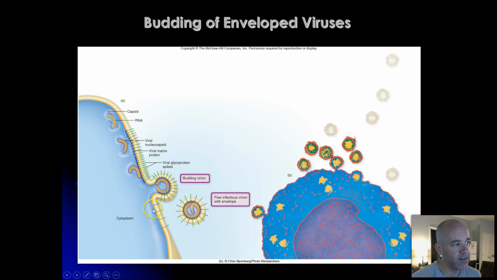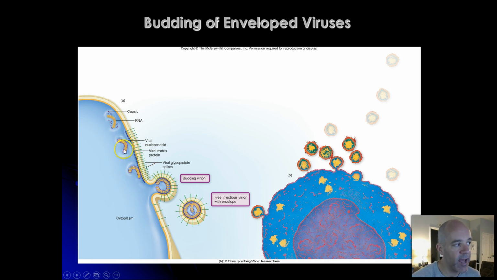And now over here on this diagram, they're showing you an RNA virus that's going to bud, and it's floating around. The RNA genome is here in the cytoplasm. The capsid proteins, in those little purple specks, assemble themselves around the genome to protect it. And then sitting up here in the host cell membrane, you have another viral protein called the matrix. These little green spikes here are glycoproteins of the virus.